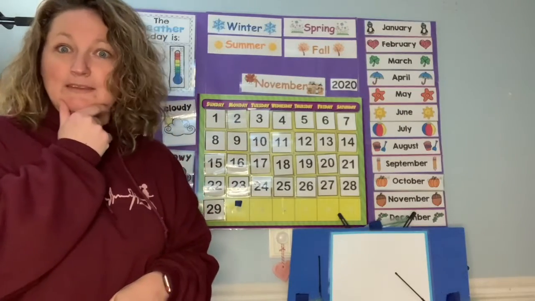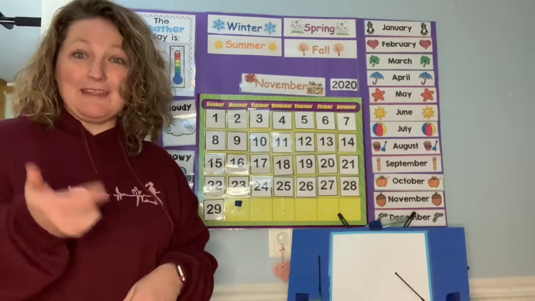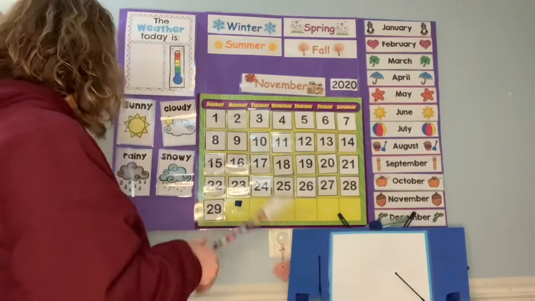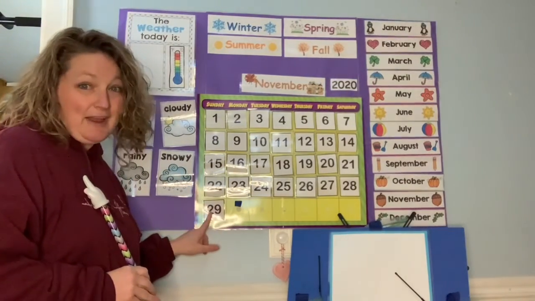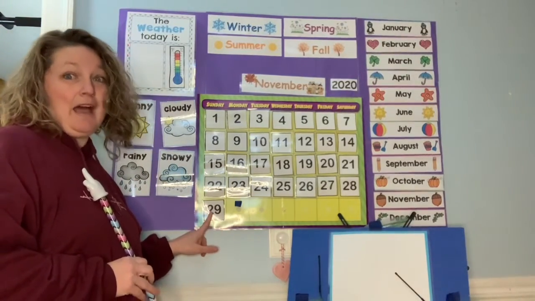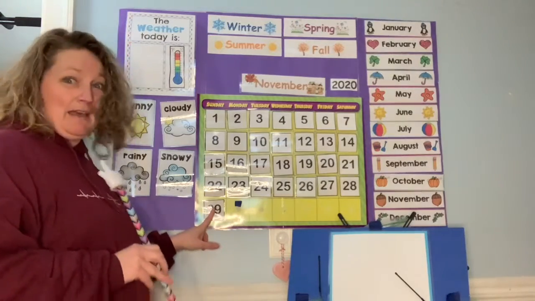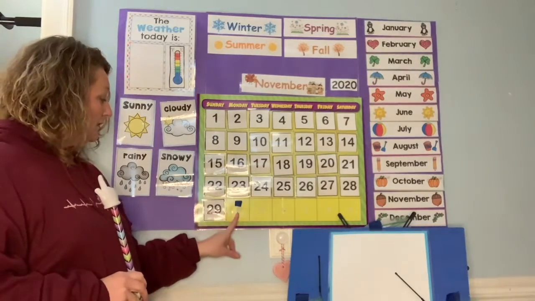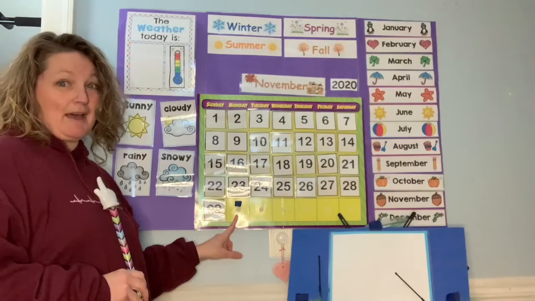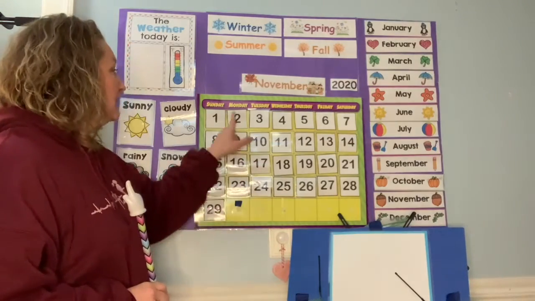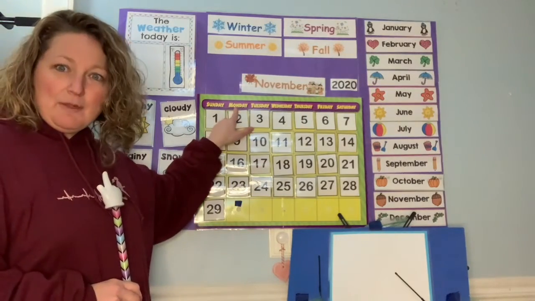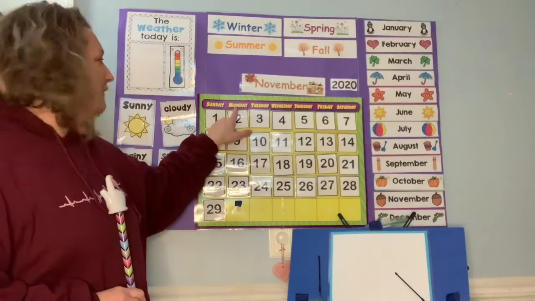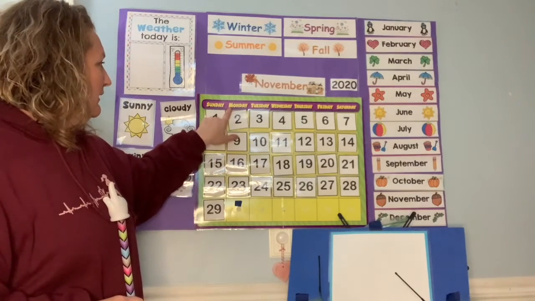Now that we know the days of the week, we need to figure out what day today is. If this was yesterday, I know that the very next empty spot is for today. So I'll hop one because that's the next spot. I'm gonna slide to the top. See that day of the week? Can you see that letter that it starts with right here?